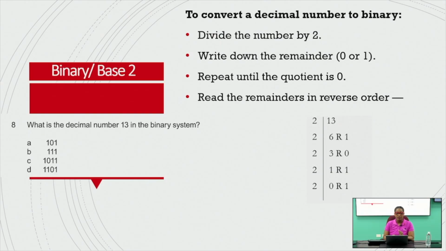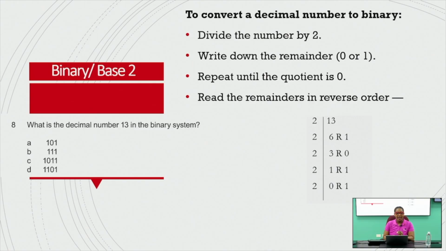So here we are, we're at 13. 13 divided by 2 gives me 6, and I have 1 remainder, and I put that remainder there. Then I'm going to divide 6 by 2, gives me 3, 0 remainder. 3 divided by 2 gives me 1 group of 2 and 1 remainder. 1 divided by 2 is 0, and I have 1 remainder.